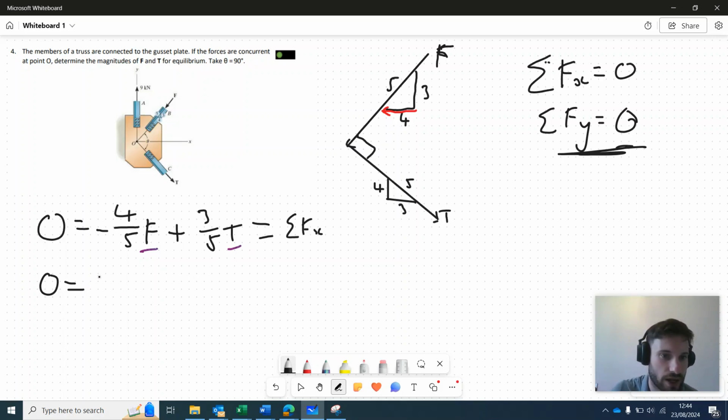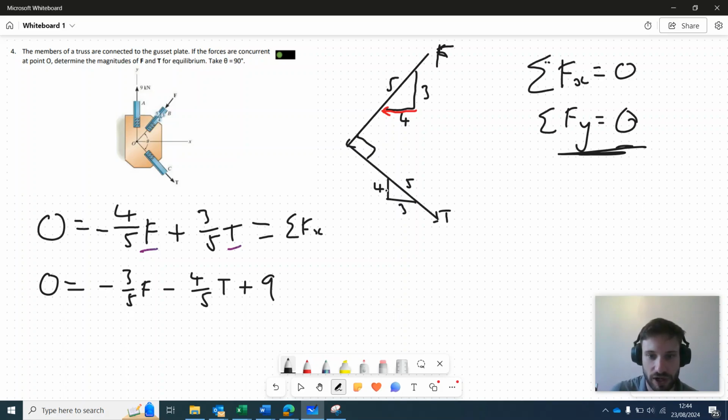0. We can say that minus 3/5 F minus 4/5 T plus 9 is all equal to 0, right? The minus 3/5 T is this vertical component here.